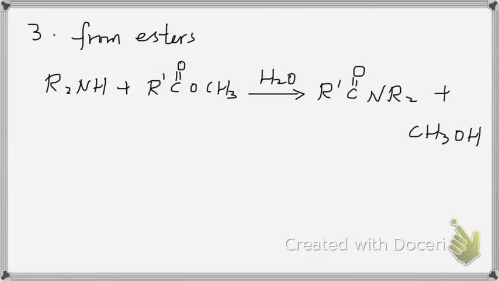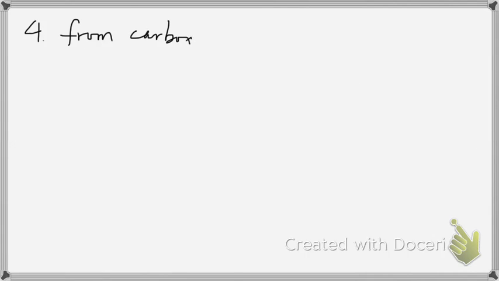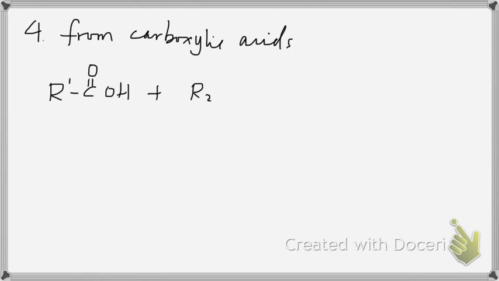And lastly, all the acid derivatives can be made from the acid, right? So amides can be made from the carboxylic acids. When we first mix the carboxylic acid and the amine, amines are the bases and the carboxylic acids are the acids.